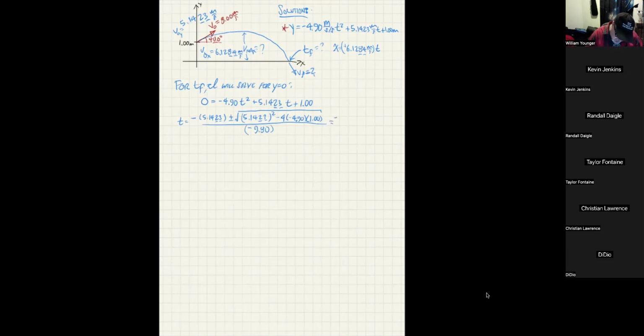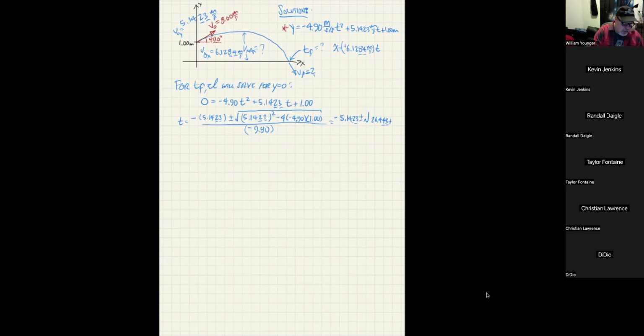So this is one of those things where I can watch this. I'm definitely going to have negative 5.1423 plus or minus. Now I need a square root of 5.1423 squared. And remember, that's only 3 sig figs, so that's only supposed to be 26.4. I'll say 43 is extra digits. Plus the other one, in this case, it's actually positive because a negative times a negative.